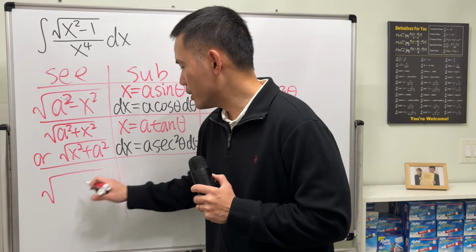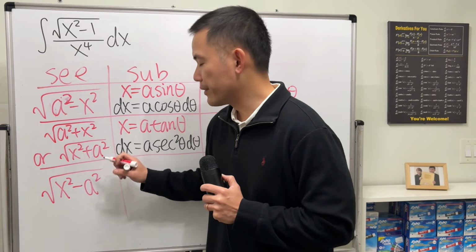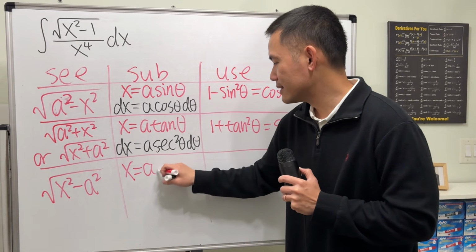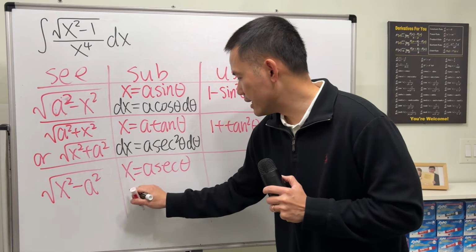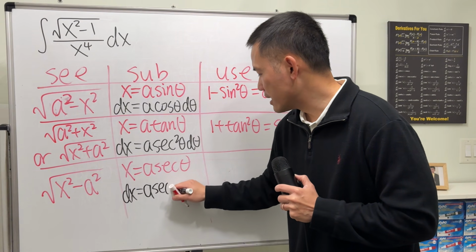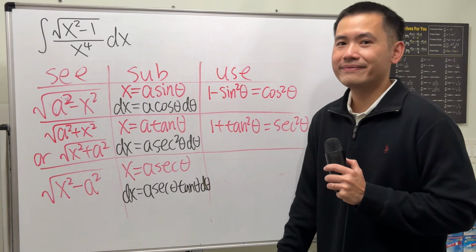Lastly, square root, if you have some x squared and then minus some number squared, this is for this situation. You use secant. And then the derivative for it, the derivative of secant is secant theta times tangent theta d theta.